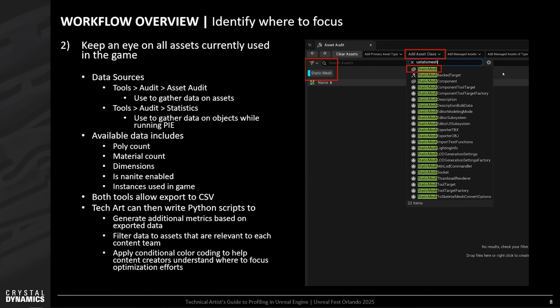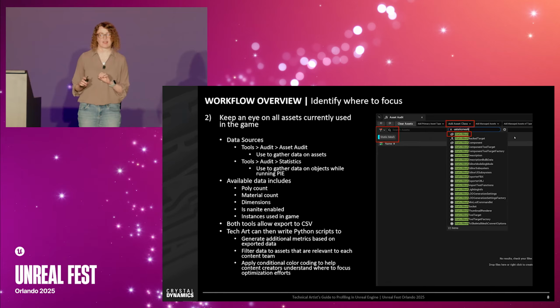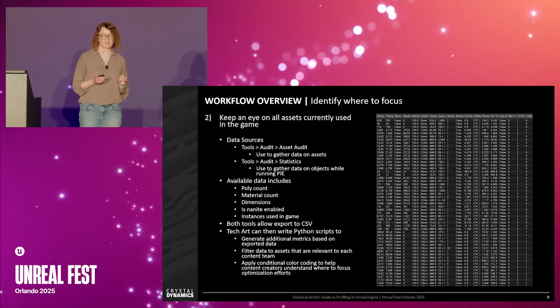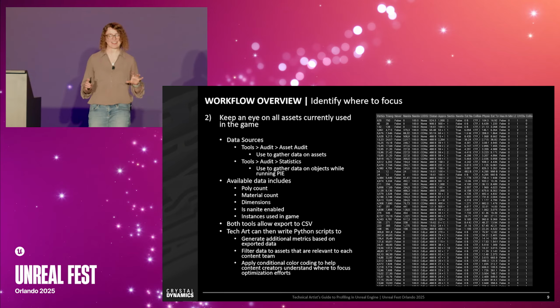Usually we are looking at static meshes, and it's a little tricky to actually get that information if you're not familiar with this tool. Once you have the asset audit open, you'll want to go to Add Asset Class and then type in Static Mesh, and then you'll see static mesh pop up. You can select that, and then on the left-hand side, you can filter down to just static meshes, which will give you all this beautiful data.